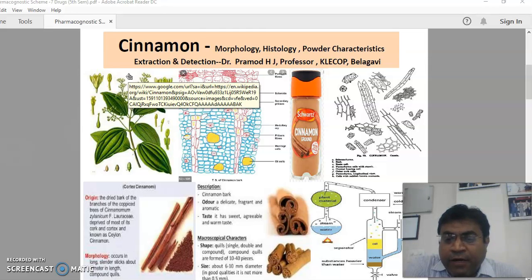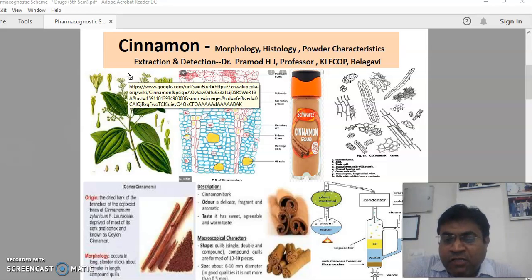Since the oil is lighter than water, it will be available above the water, and once the oil is up to the mark, you can separate it out by the vent, and the water can also be separated, and only the oil will be taken out. It can be used as a flavoring agent, or the cinnamon oil, which has a high demand in the commercial market.